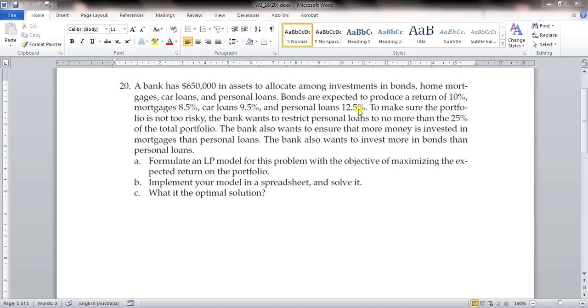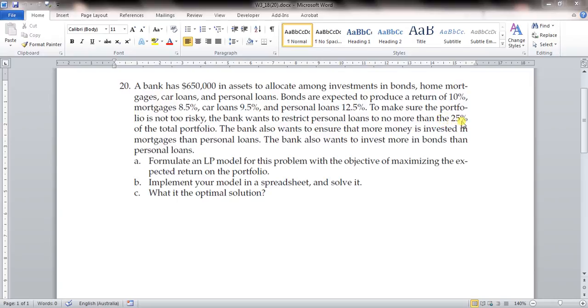The problem is that the return rate on personal loans is higher, but there can be higher risk. In order to restrict the risk, the bank decides to have a particular composition in its investment.